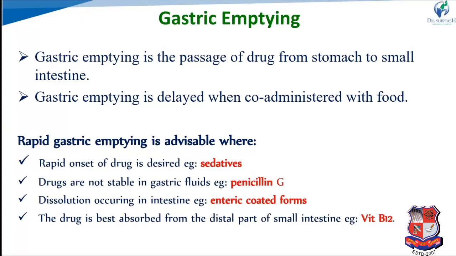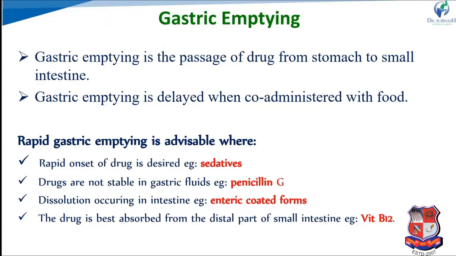The first factor in patient related factors affecting drug absorption is gastric emptying. Previously we saw the pharmaceutical and physicochemical factors affecting drug absorption. Similarly, apart from dissolution of the drug and its permeation through the membrane, gastric emptying is also one of the parameters affecting drug absorption.